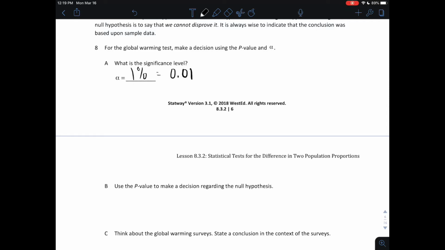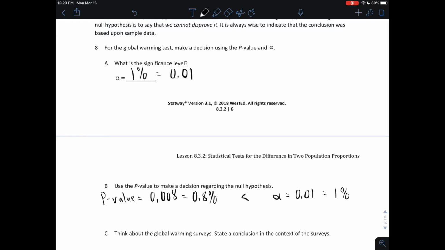Part B, use the p-value to make a decision regarding the null hypothesis. So here we had that the p-value was 0.008. We also said that that was 0.8%. And then we have that alpha is 0.01 or 1%. Whatever form you use, you can see that the p-value is definitely less than alpha.